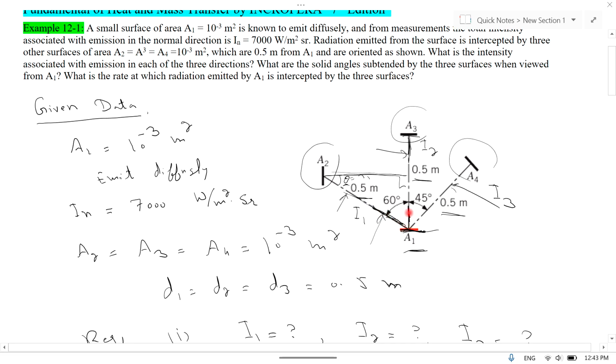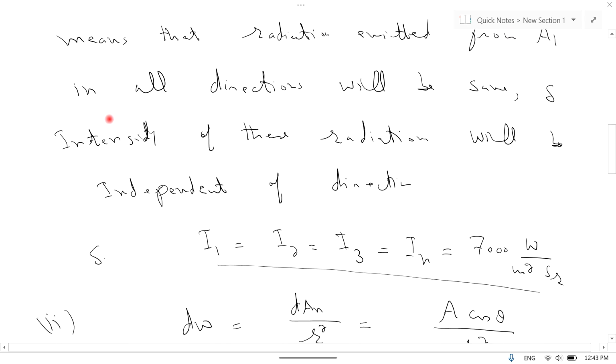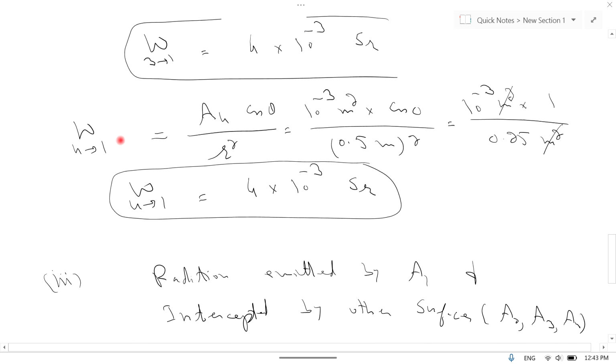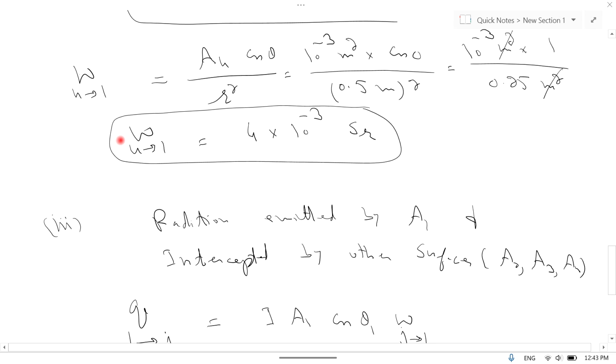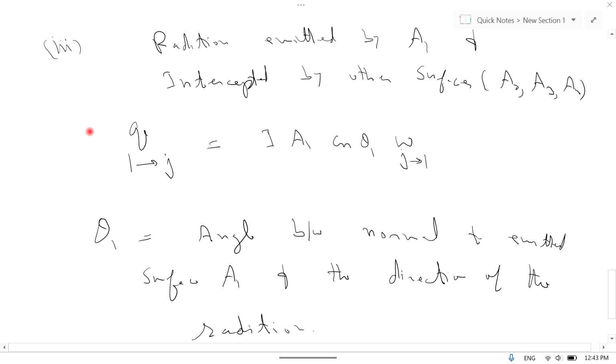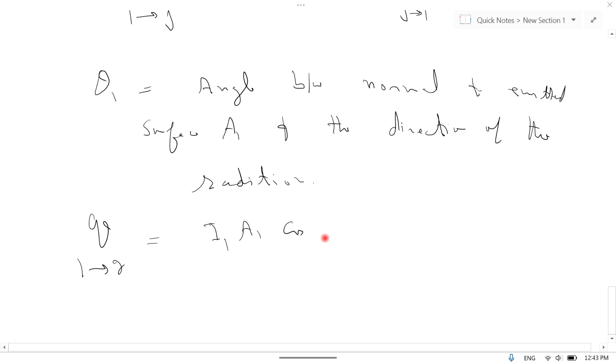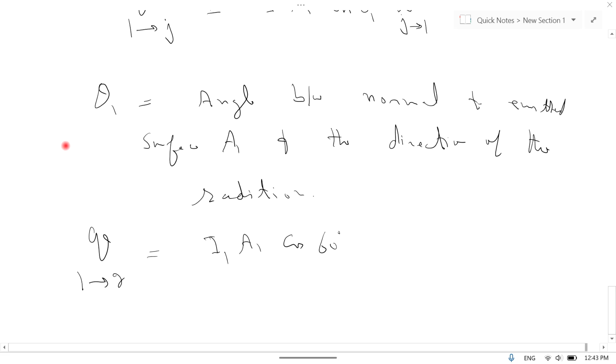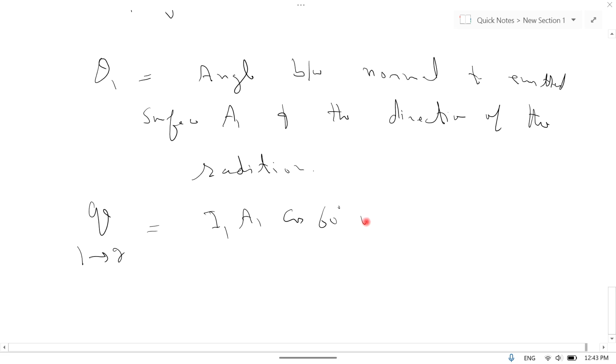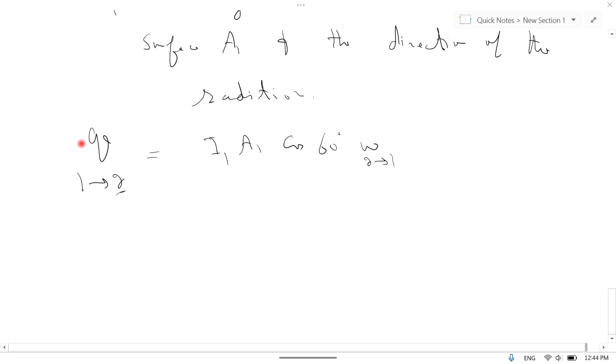So the angle between the normal to A1 and this radiation is 60 degrees. So I1 A1 cos 60 degrees and W from J to 1, so J in this case is 2, so W from 2 to 1, the solid angle between 2 and 1.